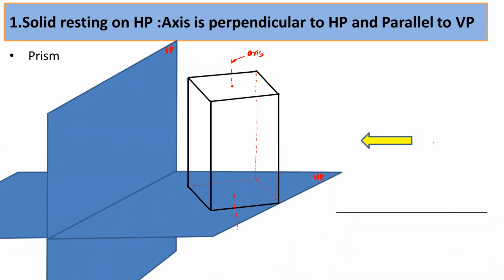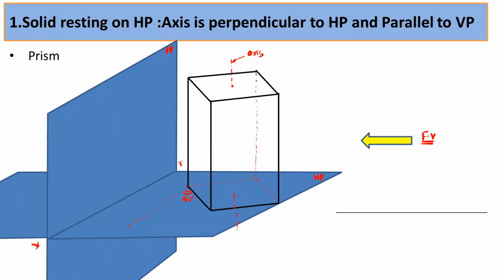Now if you observe from the front direction, its base edges are equally inclined with the vertical plane or the XY line. So if you draw a parallel line with the XY line, then you can observe this angle as 45 degree.